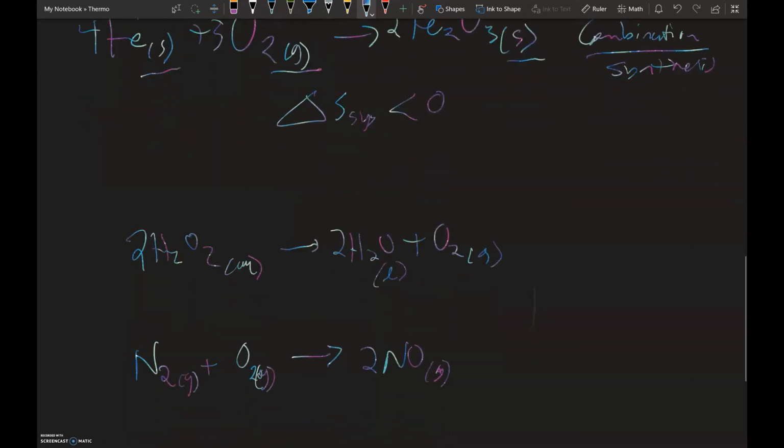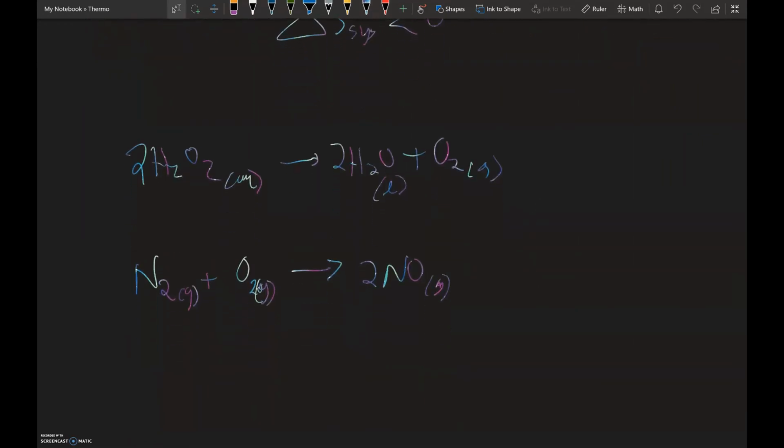Now, if we look at our second example, hydrogen peroxide forms water liquid plus oxygen gas. This would be an example of a decomposition reaction. As we look at the hydrogen peroxide, it produces water liquid and oxygen gas. Now gases, if you understand the entropy part, are going to have higher entropy than the liquids and the aqueous.